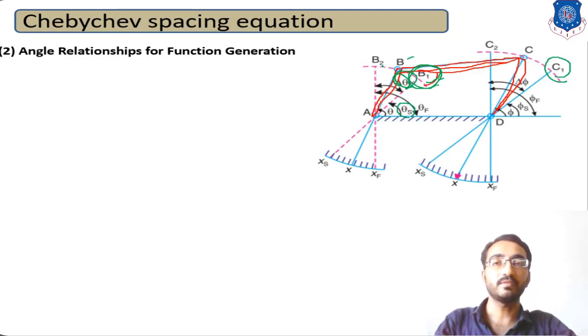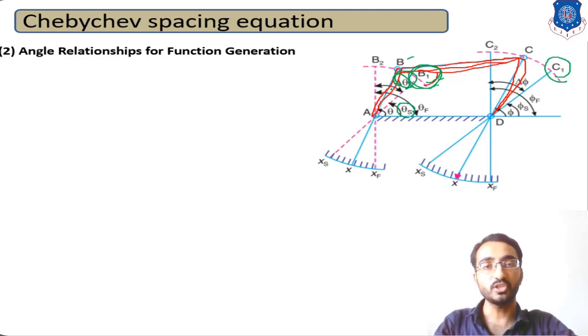In the same way, if you consider your end position, that is your final position for B, equal to B2, then for that B2 you have to consider theta final as your final position. So C2 will be your final point.